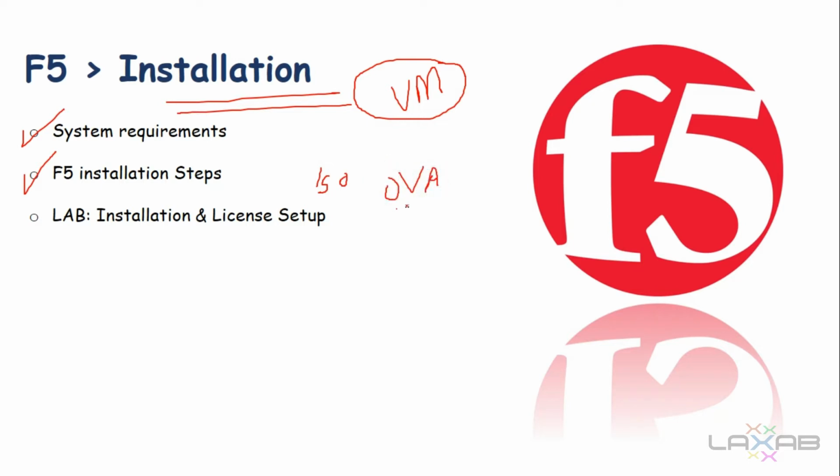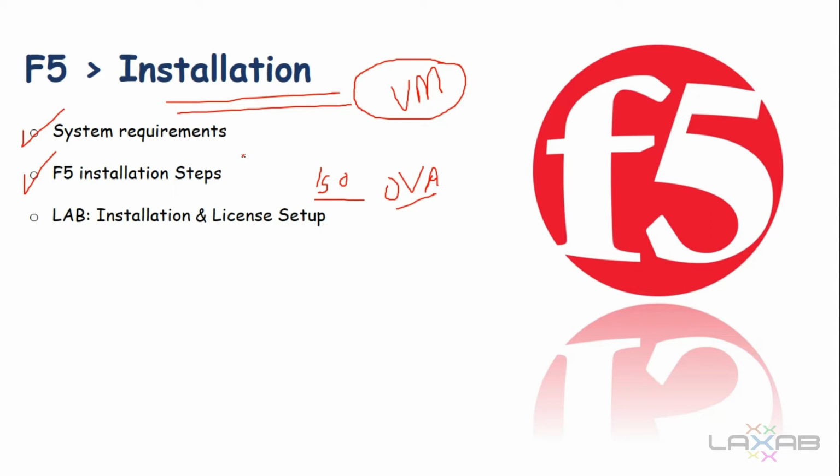You can fire up the OVA or run the ISO in your virtual machine, but ultimately when you're done with the installation, you need to enable the resource modules which F5 provides with the license keys. So for that you need to have the licenses.